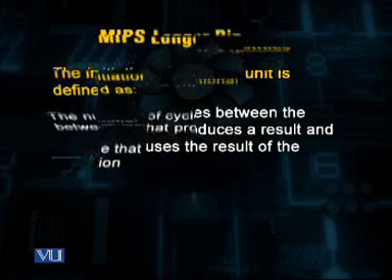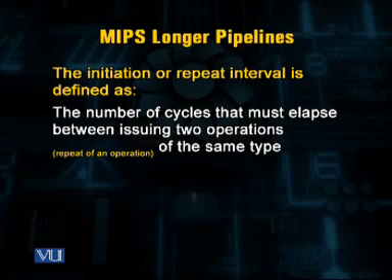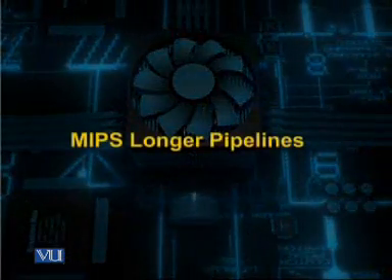Whereas the initiation or repeat interval is defined as the number of cycles that must elapse between issuing two operations of the same type. This means that if we have to issue one instruction repeatedly, the time in between the issuance of these two instructions is known as the repeat interval or the initiation interval.